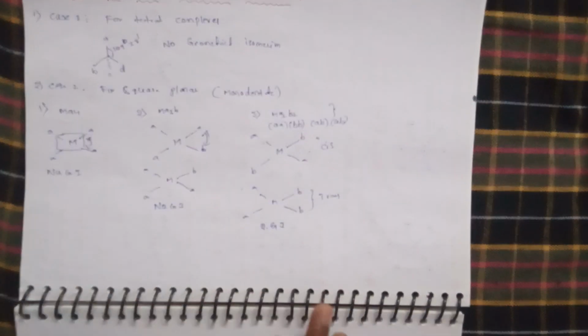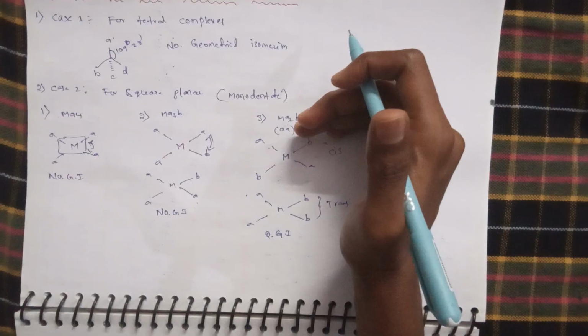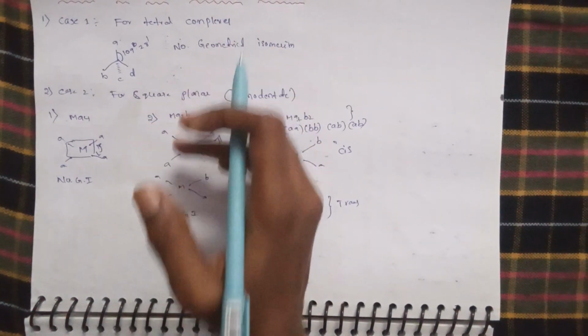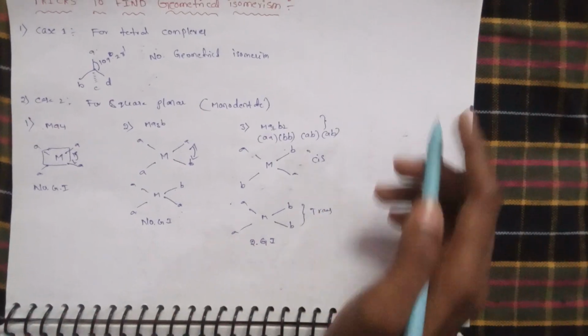So first you observe how many sets are possible in the given compound, and those possible sets are the geometrical isomers.